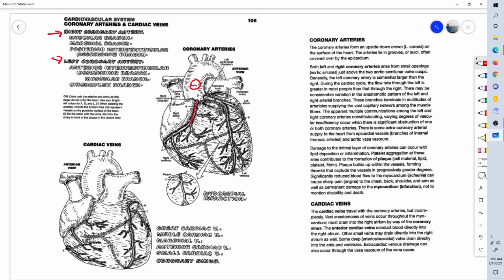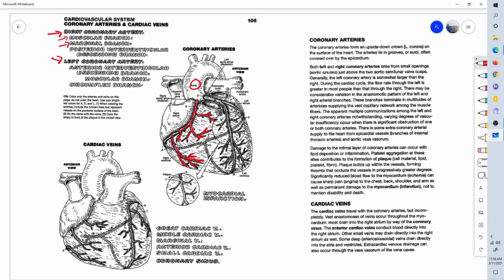with its muscular branch. And what is called its marginal branch. Along the right ventricle there.